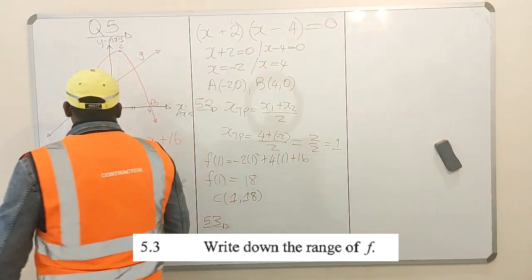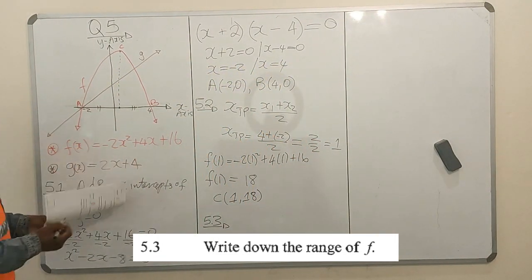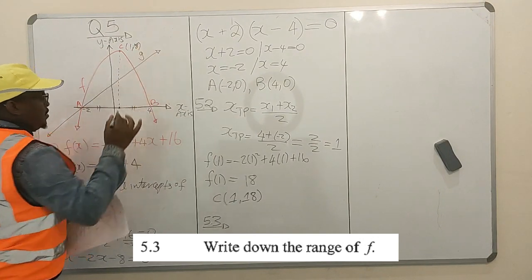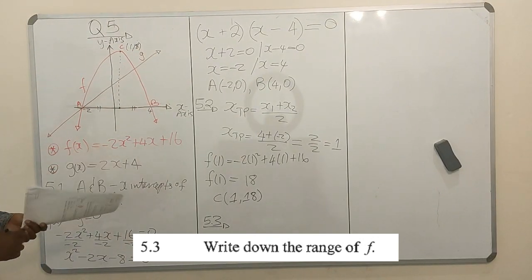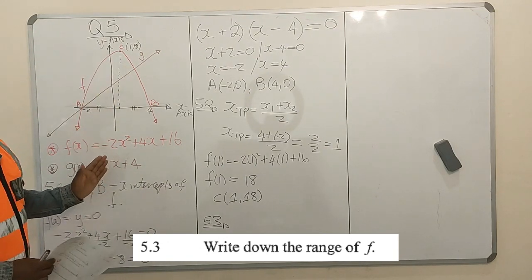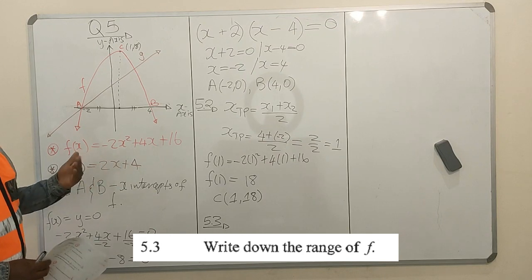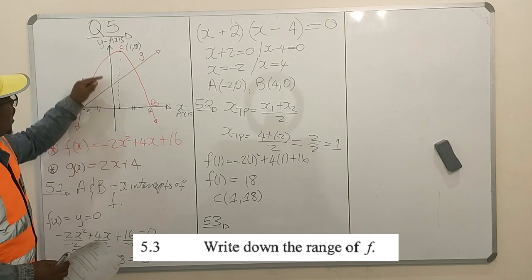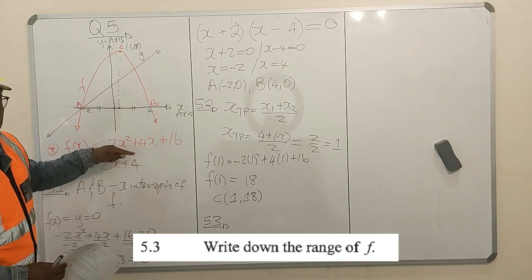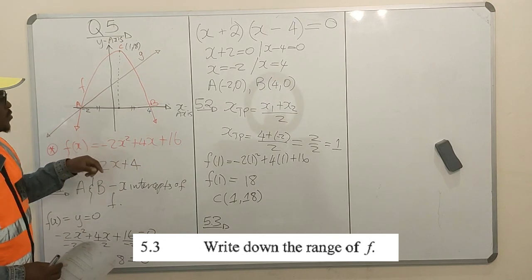So if you look at this, the coordinates of C are (1; 18), right? So if you look at the y values, these are the y values. The y values used by this function are all the y values going downwards, because for each y value you will always find the corresponding x value that will be mapped to this.